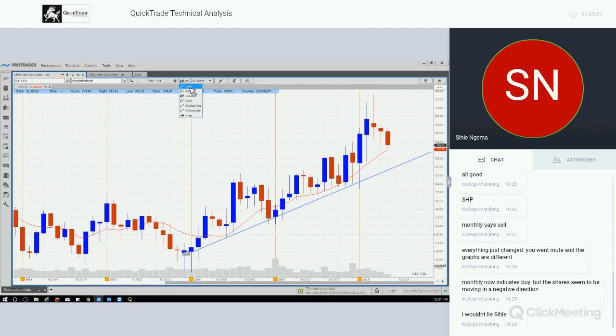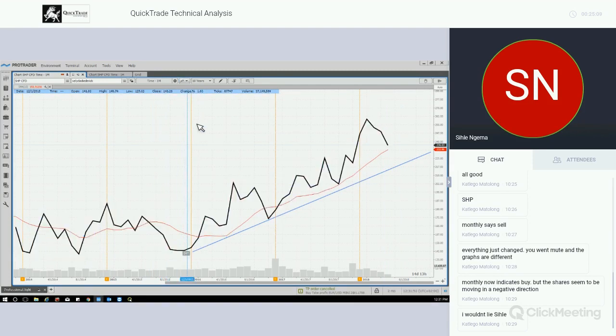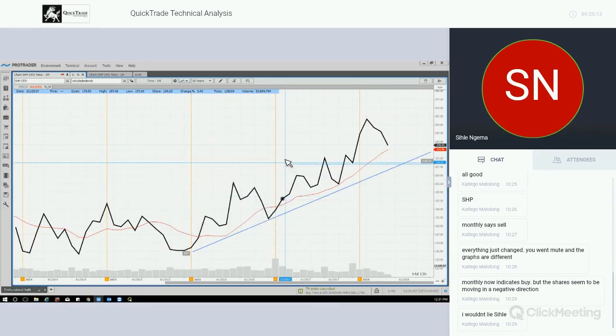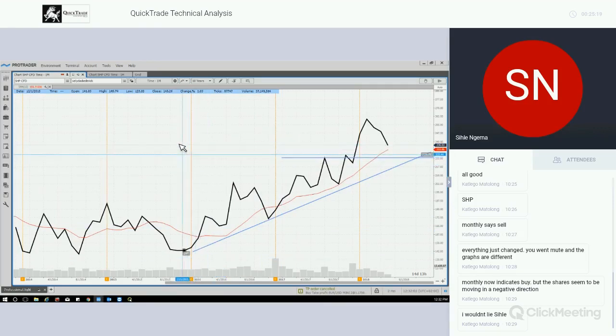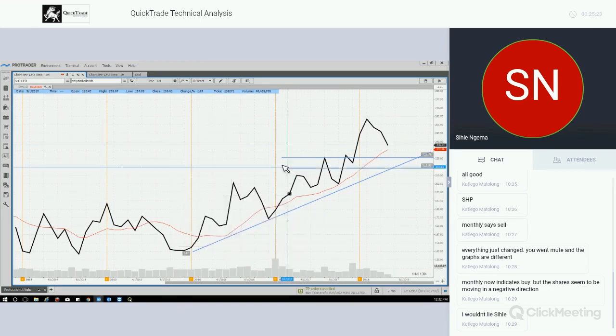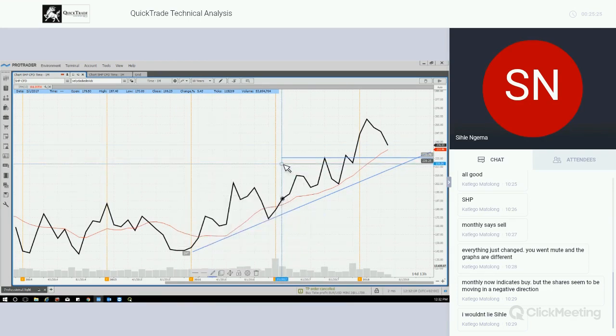But before we do that, let's mark our support levels using the monthly time frame here. Okay, we have that one there. We have this one here at the bottom.